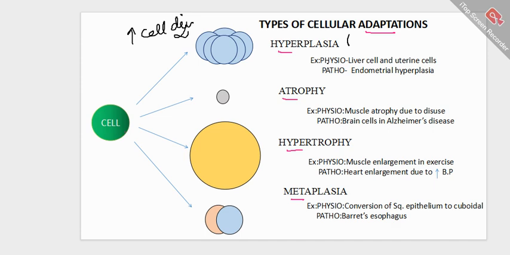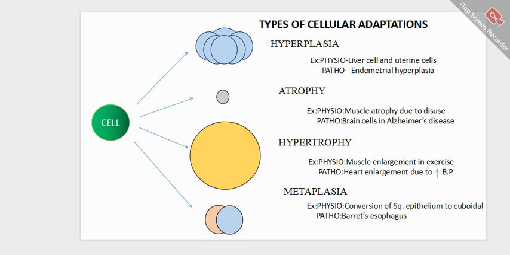An example of physiological hyperplasia is seen in liver cells and in uterine enlargement during pregnancy. Pathological hyperplasia can be seen in endometrial hyperplasia leading to abnormal uterine bleeding. So these are examples of physiological and pathological hyperplasia.